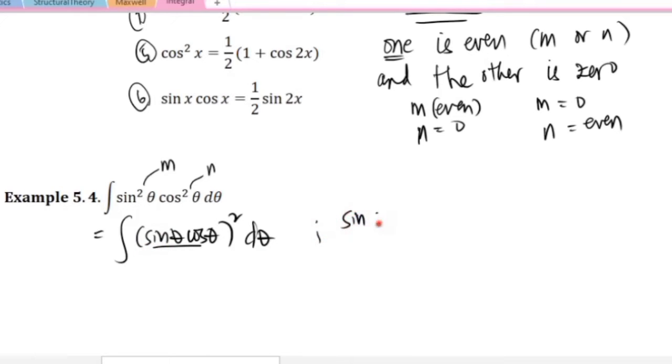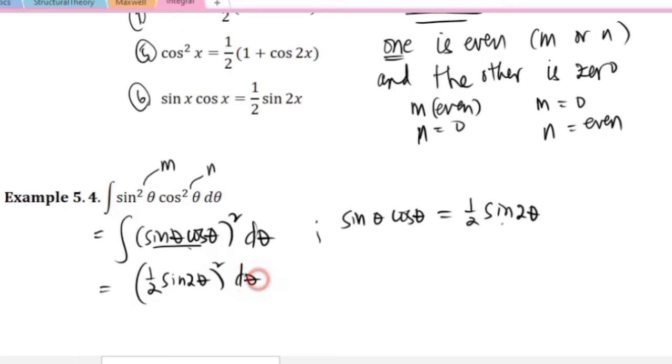Since yung sine theta cosine theta ay yung identity number 6 natin, equal lang yan siya sa 1/2 sine 2 theta. So substitute natin yung 1/2 sine 2 theta dito. So we would have 1/2 sine 2 theta square d theta and integral.